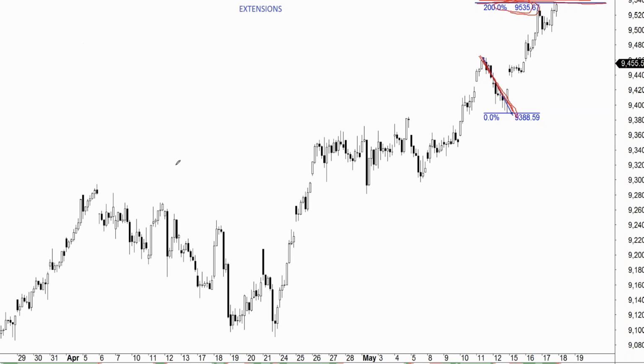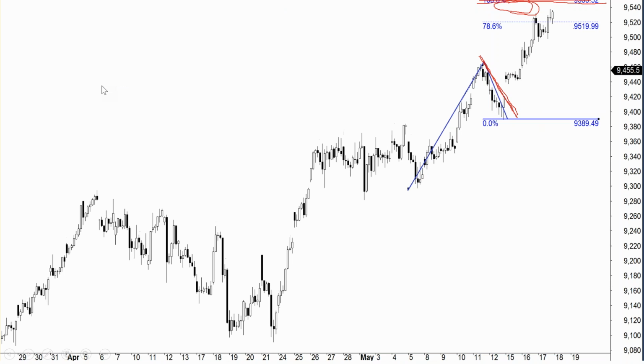We get one resistance here. Then we again take another projection tool from point A, we take it to point B and leave it at point C, and we get another projection. We are getting the projection in the same zone.